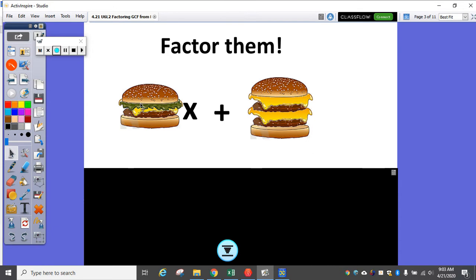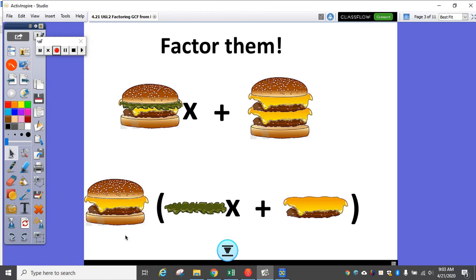If I take out what they both have in common, the only thing left in the first sandwich is a piece of lettuce times x. And in the second one, all that's left is one piece of cheese and one burger. We factored out what they had in common, and in parentheses, we established what was left between the two sandwiches.